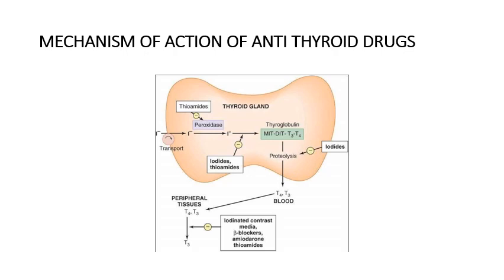The drugs which inhibit this peripheral conversion of T4 to T3 are mainly propylthiouracil, which is an anti-thyroid drug, and beta blockers, amiodarone, and radioactive iodine.